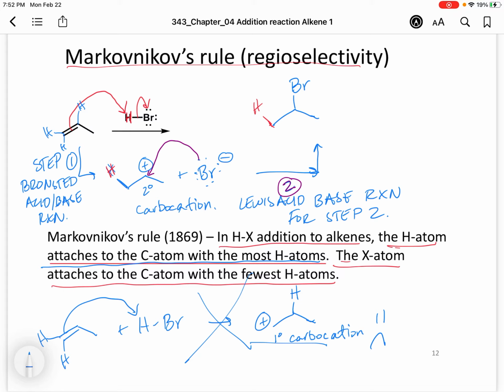Why are these so regioselective? These additions to alkenes are very regioselective, very good at forming pretty much just that one product. So this bottom reaction, where it would end up getting the bromine here on the end, is not observed, so it does not form.